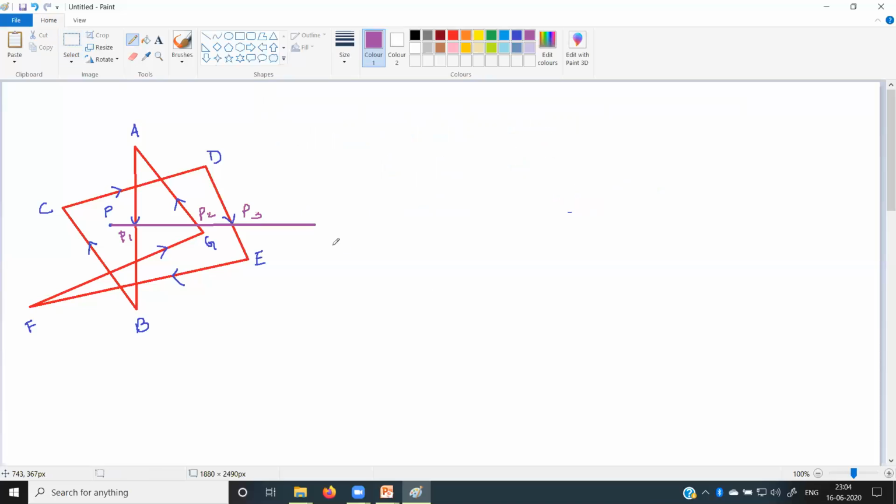Okay. Now we will take another point. Consider another point here. Take a point here and name it Q. Now what will we do? We will again draw a straight line.